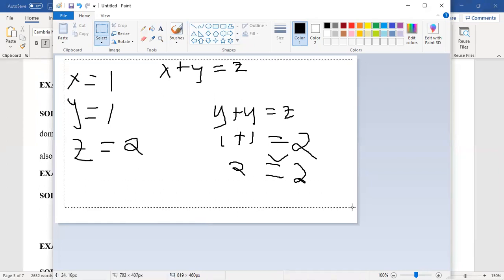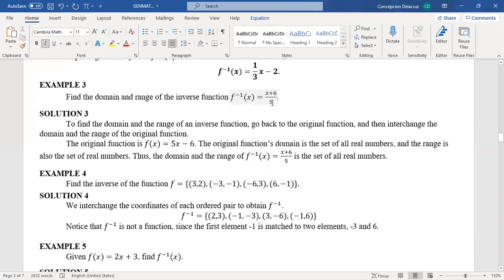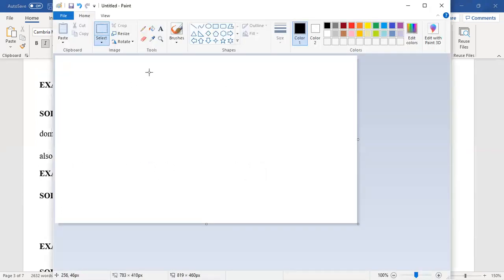Let's solve it. x plus 6 over 5 is equal to y.